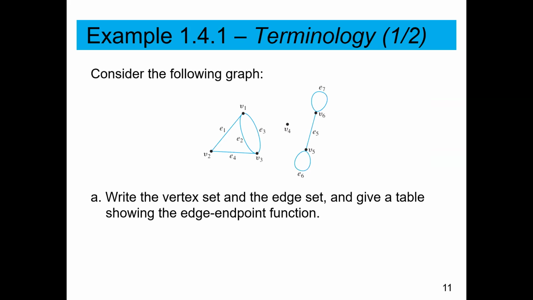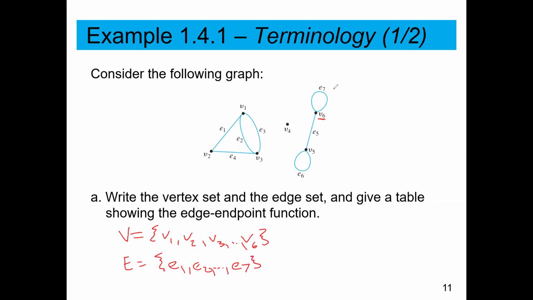If you did that, the vertex set V would be the set V1, V2, V3, up to V6, because we have 6 vertices here. The edge set of my graph, on the other hand, is E1, E2, up to E7.